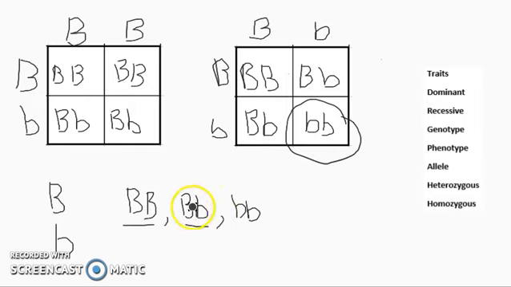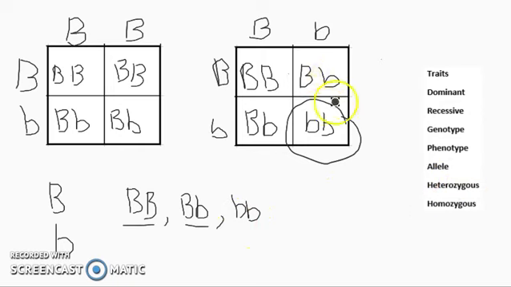Here, capital B, lowercase b. Phenotype, brown eyes. Here, lowercase b, lowercase b. Phenotype, blue eyes. So phenotype is the physical characteristic that is expressed. Again, the allele is the individual letter within the pair, or the genotype.